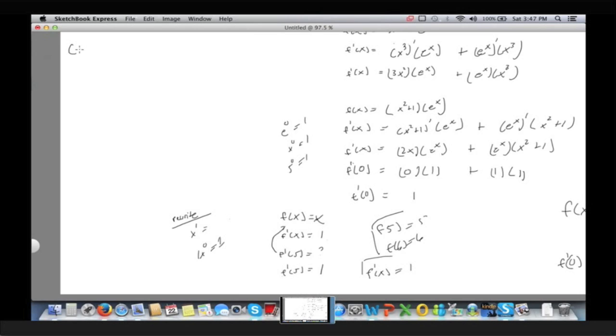So we could do cosine of x equals sine of x. And secant.